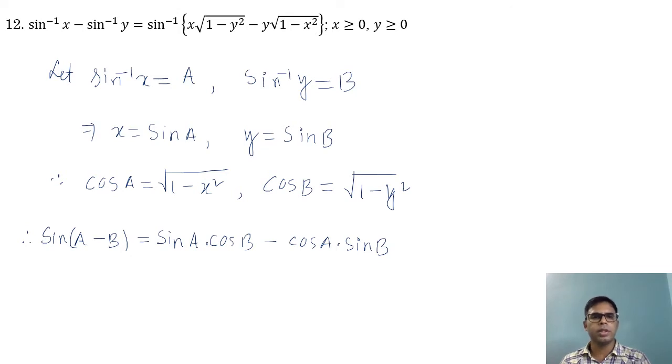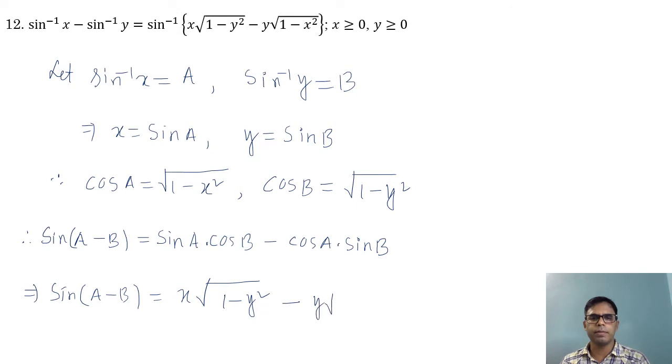But using these values here, sin a is equal to x, sin b is equal to y, cos a is equal to this one, cos b is equal to this one. So I can write sin of a minus b is equal to x, that is sin a, and cos b, that is root over 1 minus y square, minus cos a, which is root over 1 minus x square, and sin b, which is y.